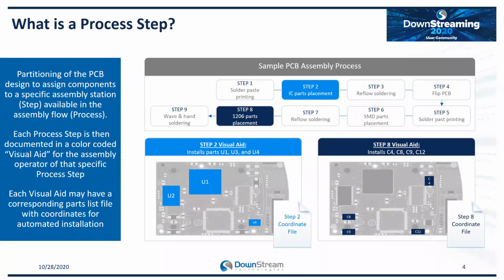Now we move into process steps, and let's define that. A process step, or assembly step, I'm sure there are other terms that companies use, is basically a partitioning of the printed circuit board design to assign components that are going to be assembled or put on the board to a specific assembly station or step that's available in our assembly flow or assembly process.